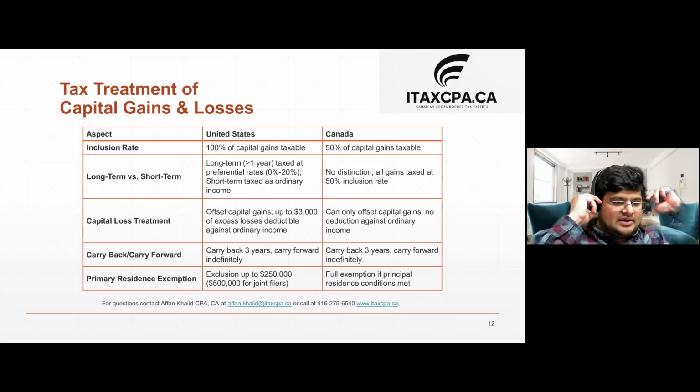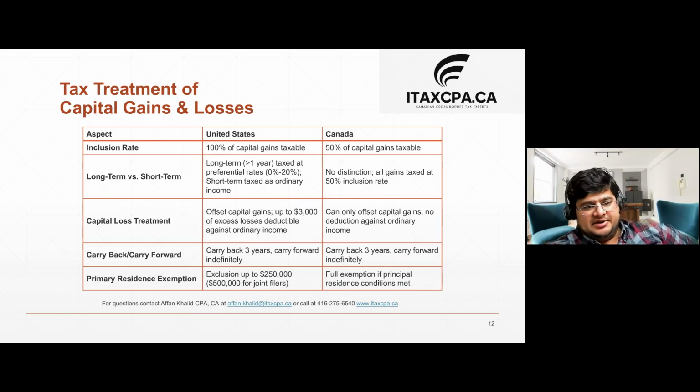For capital gain, there's a series of criteria for you to fall into the capital gain category. Okay. And then capital loss treatment is also different in Canada. Capital losses are very, very restrictive, means they can only be used to offset your capital gains.